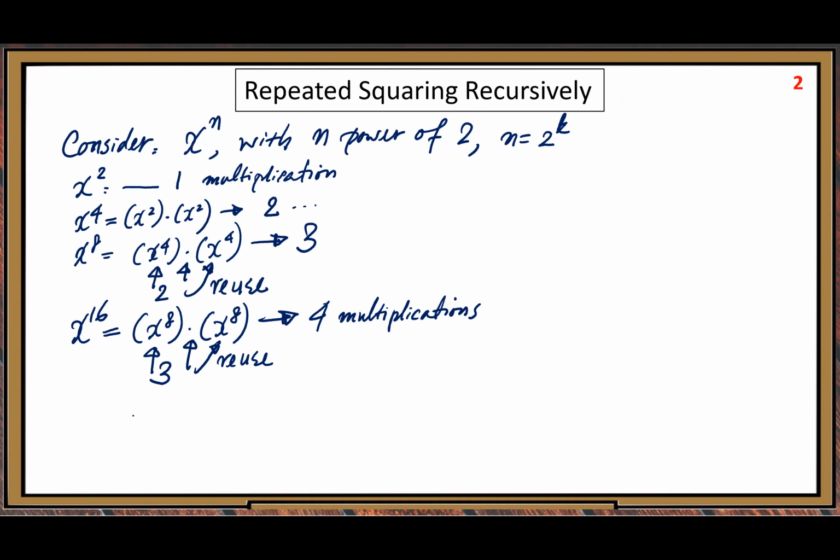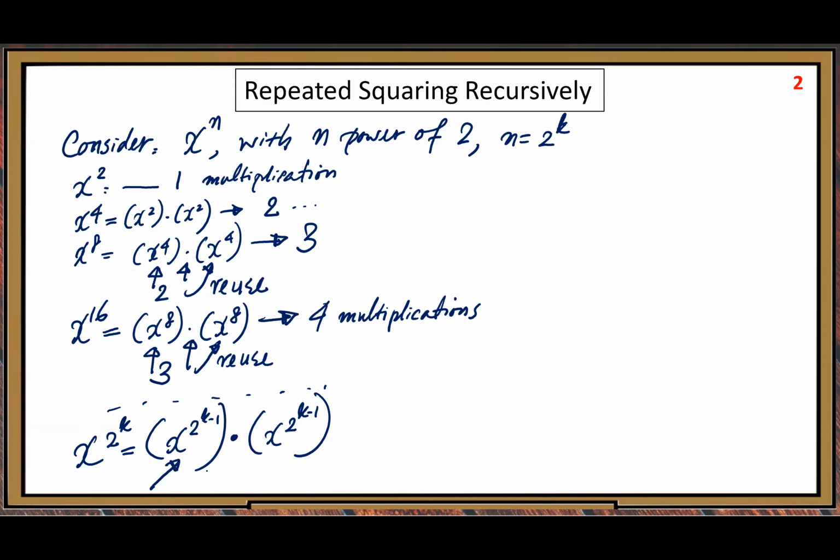We can go until we reach x to the 2 to the kth power, which is x to the 2 to the k minus 1 times another copy.